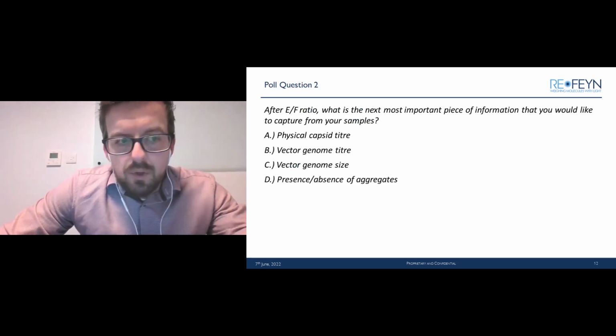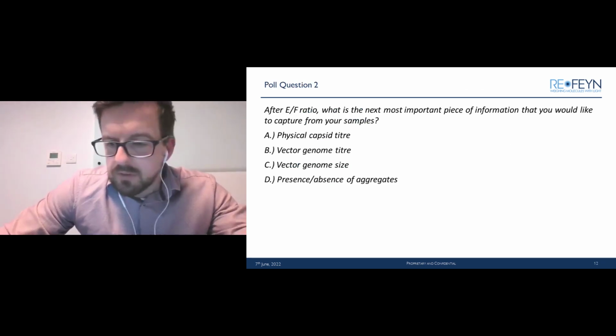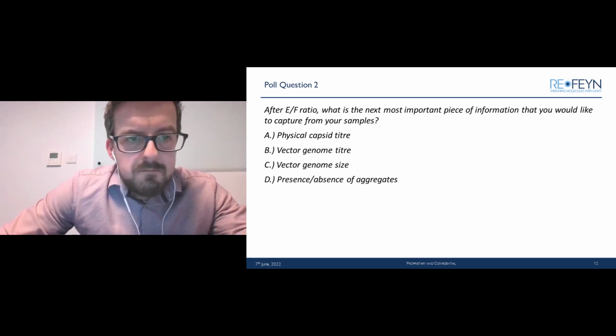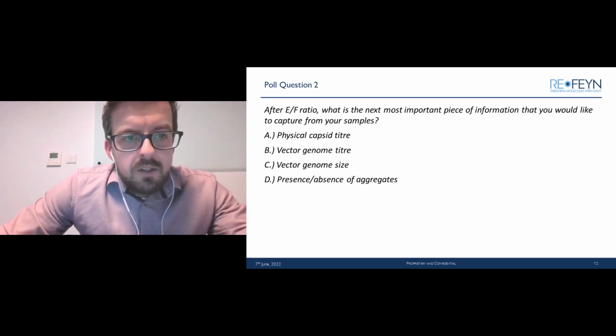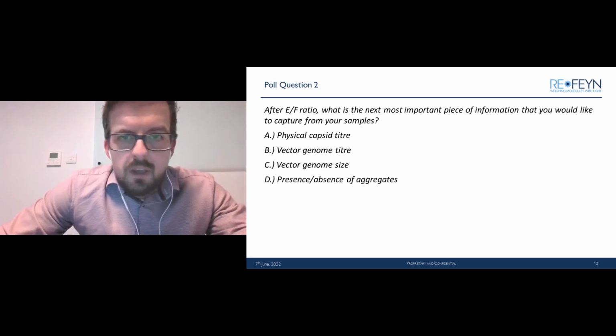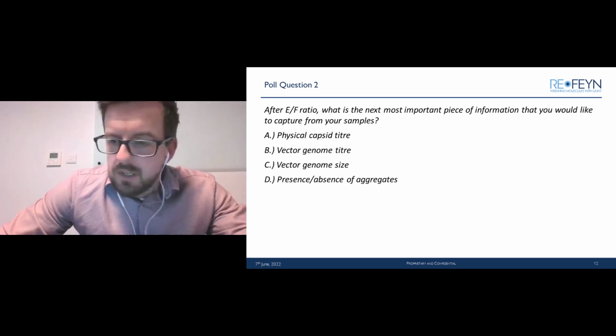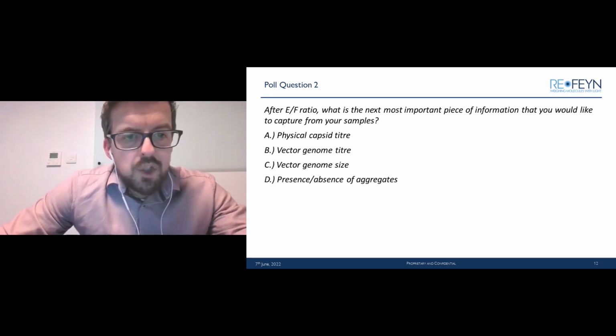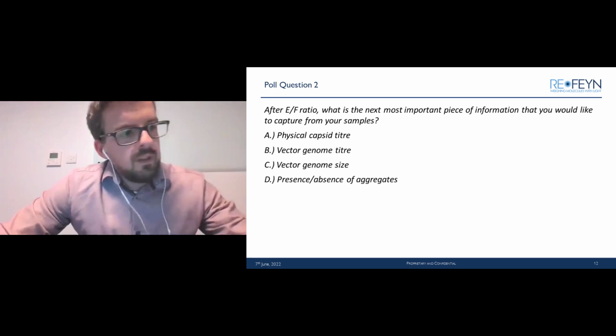So with that, I'll move on to poll question 2 before I hand you over to Kirsty. So on your screen now, you should see the following question. After empty to full ratio, what is the next most important piece of information that you would like to capture from your samples? A, physical capsid titer, B, vector genome titer, C, vector genome size, or D, presence absence of aggregates.